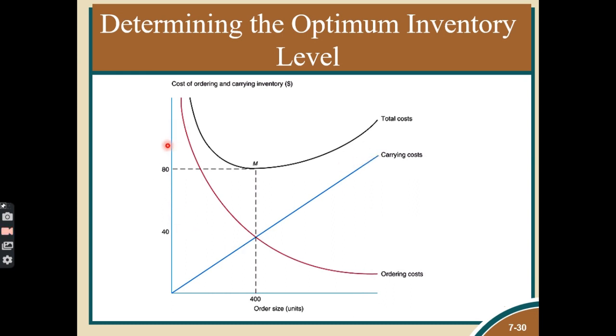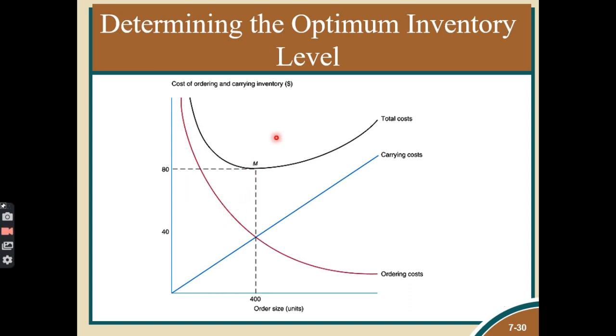However, ordering cost will decline if you order more. If you order one time only, you incur ordering cost once only. If you order multiple times during a period, you incur higher ordering cost. That's basically the concept.